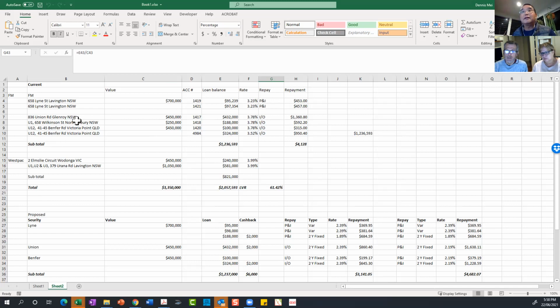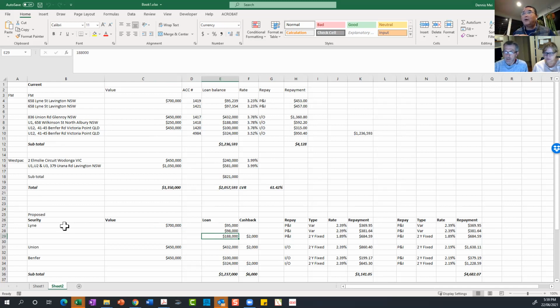For Wilkinson Street, the loan is 188,000. The loan is still here. I simply moved the loan under Line Street. Okay, why would we do that? Because we want to be able to pay our house off. We don't want any cross-collateralization.